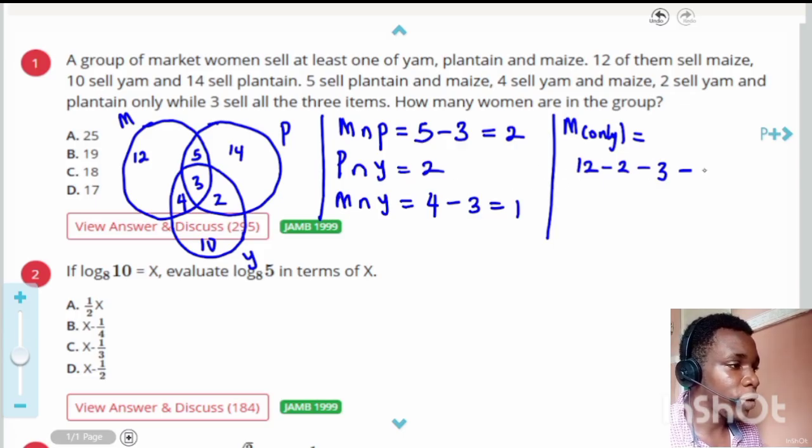We are taking away the number of persons that sold those items, just so we can find the few persons that sold maize only. All right, so 12 minus 2 minus 3 minus 1 would give you 6.